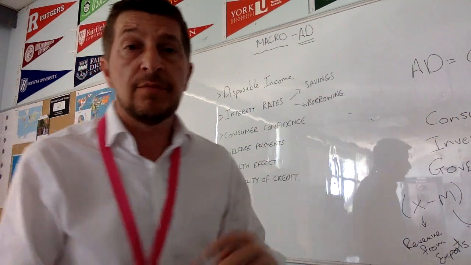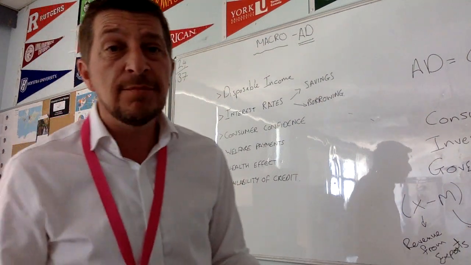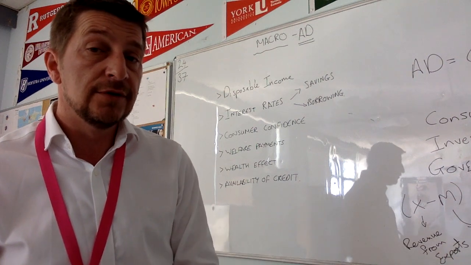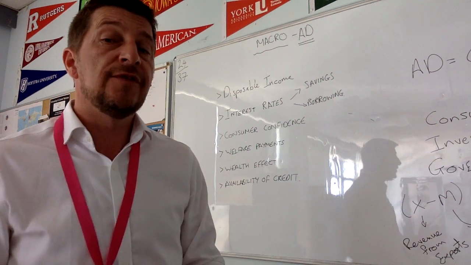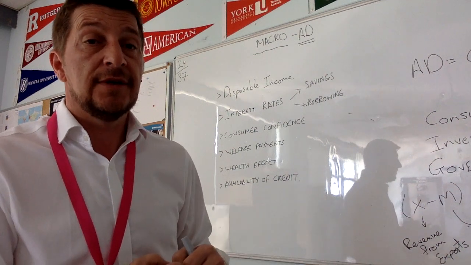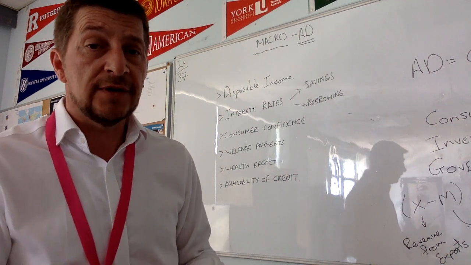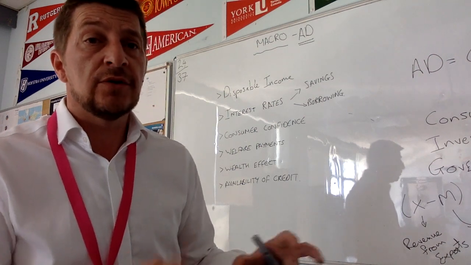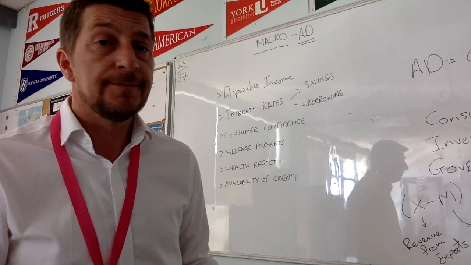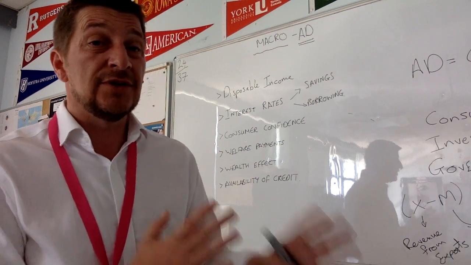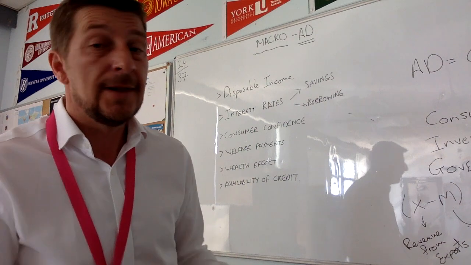If, however, there's a problem with the housing market or there's a housing bubble that bursts, the value of those properties falls, then you could find actually the wealth effect has the opposite impact. People don't feel as wealthy, and therefore they don't go out and spend money on consumer items. Again, it has a direct impact on whether aggregate demand shifts to the left or the right.